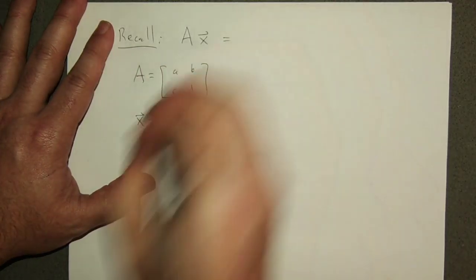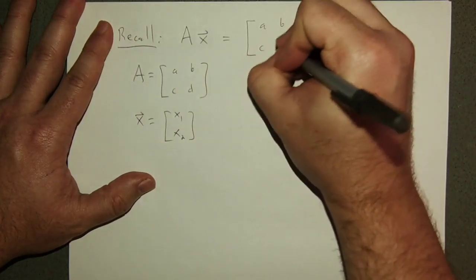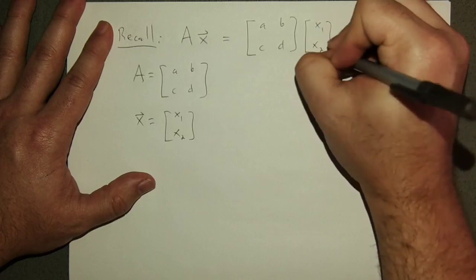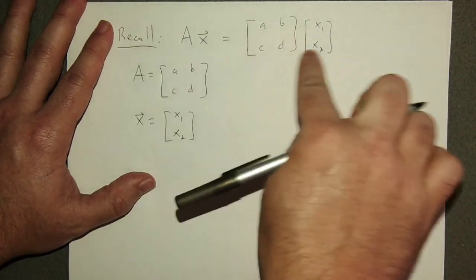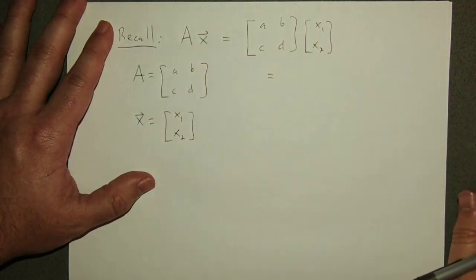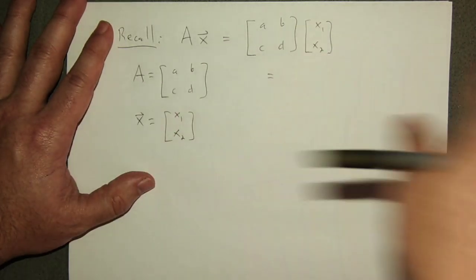What is A times X? So this is the matrix A, B, C, D times the vector X sub 1, X sub 2. How does this work out? You might remember how this goes. To multiply a matrix like this, you're thinking of a particular dot product of rows dotted with the columns over here.